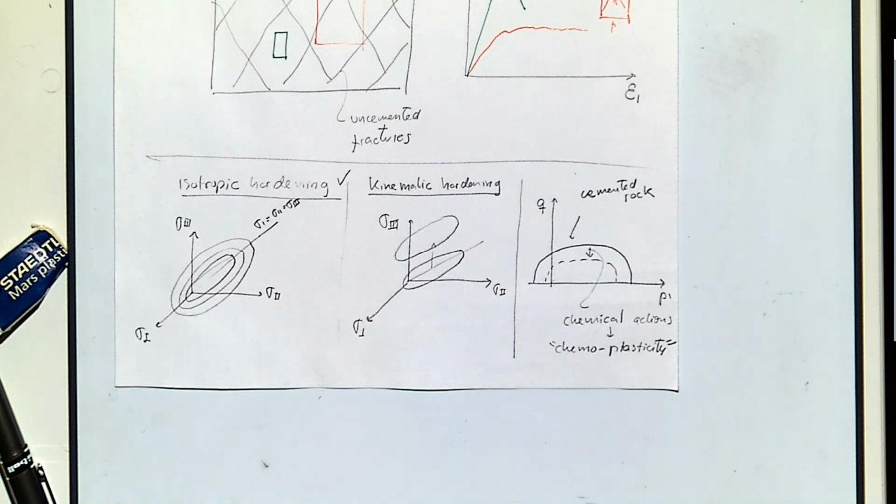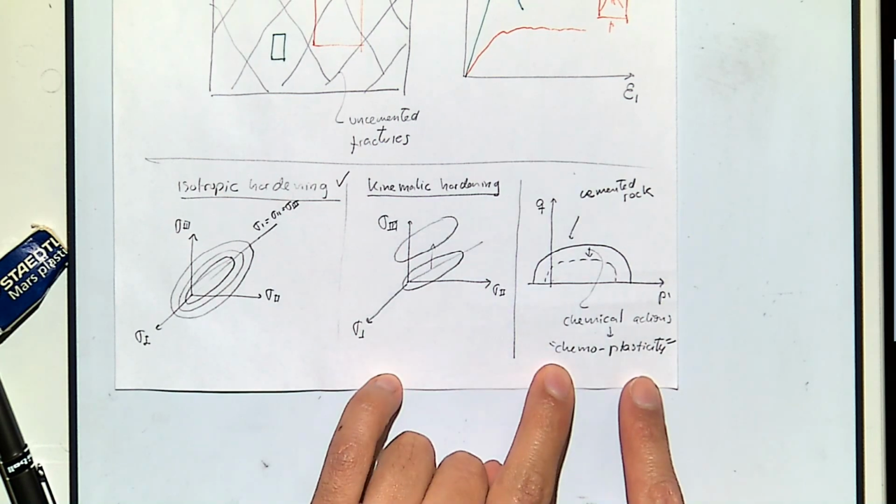For example, if you wanted to model coupled geomechanics with acid injection, you should consider something like this.